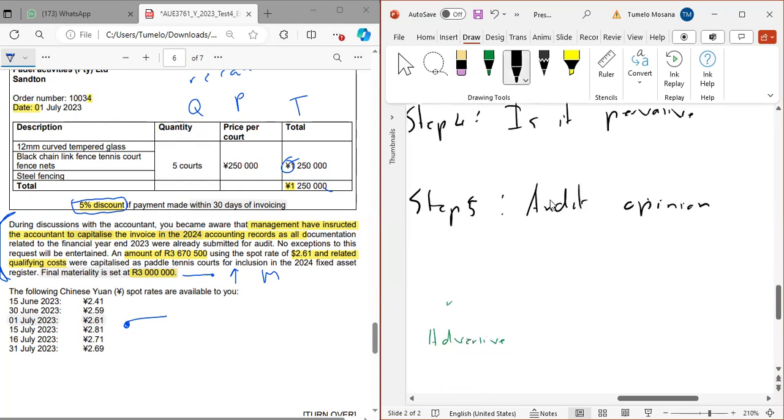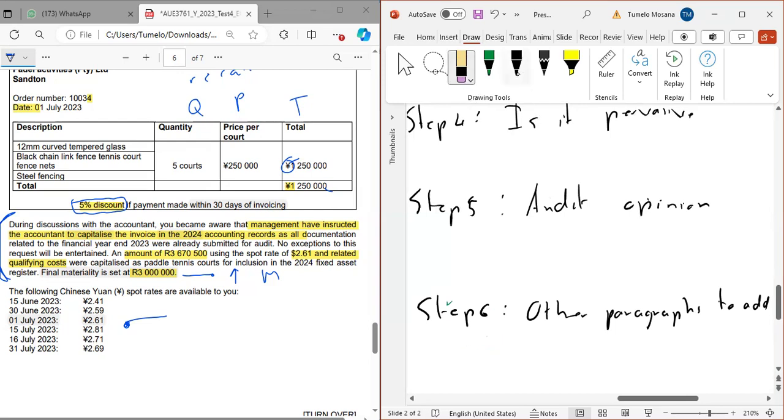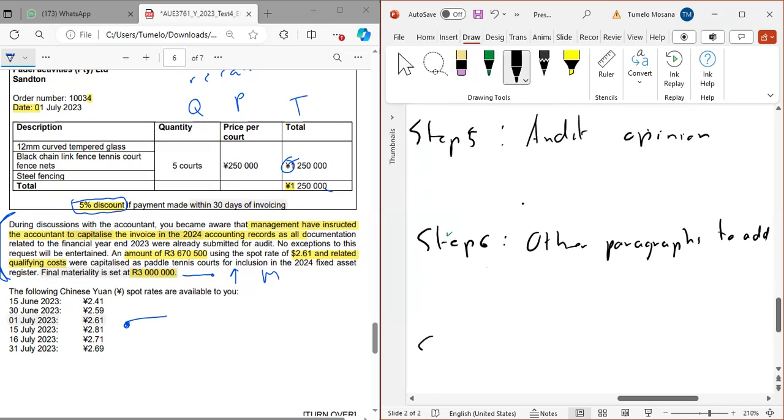Then step six, you'd look at if there are any other paragraphs to add, right? Then these are the key ones that you can think of. So the last step, which is not common, which normally would end here, and I do not want you to focus on this one.